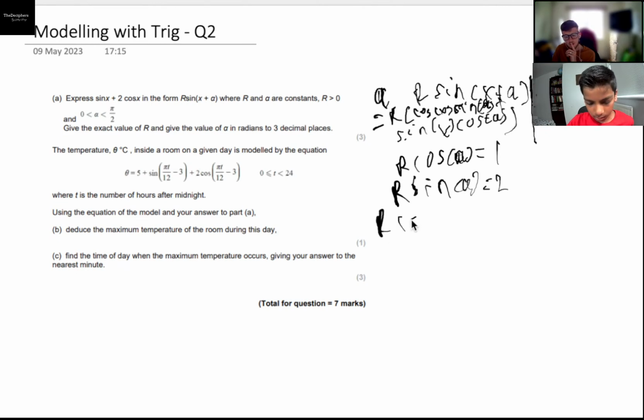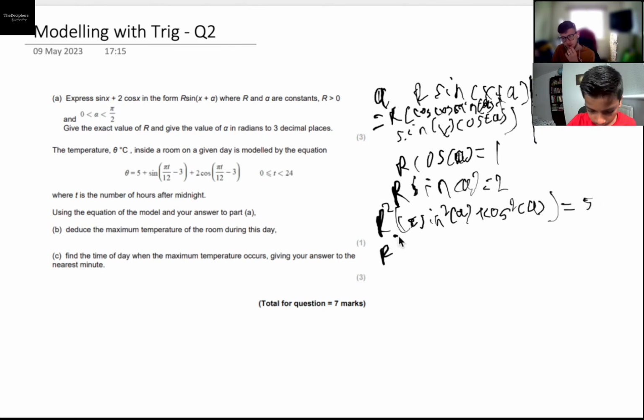So that's r times sine squared alpha plus cos squared alpha. Remember it's r squared as well. And that is 1 squared plus 2 squared, which is 5. R squared is 5. R is root 5, and it says the exact value of R, so it's root 5.